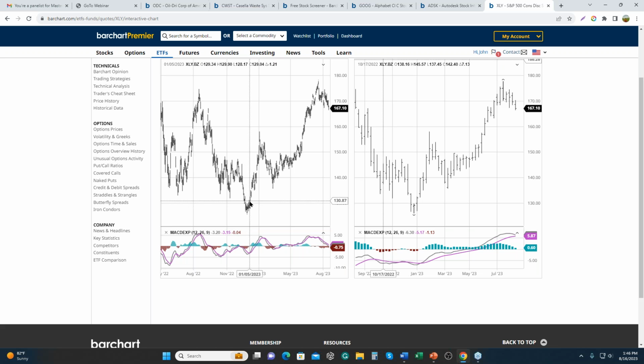That would be a tough call to make, but notice this turn in the daily. I think this is Theodore that's asking this, Theodore, the importance of multiple time frame analysis. There's our weekly, and notice that our crossover came somewhere between the week of January 9th and January 16th.